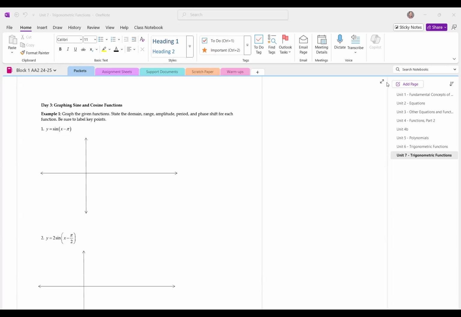Can we take a moment to discuss what's the point of the unit circle? Okay, so what's the point of knowing the unit circle?